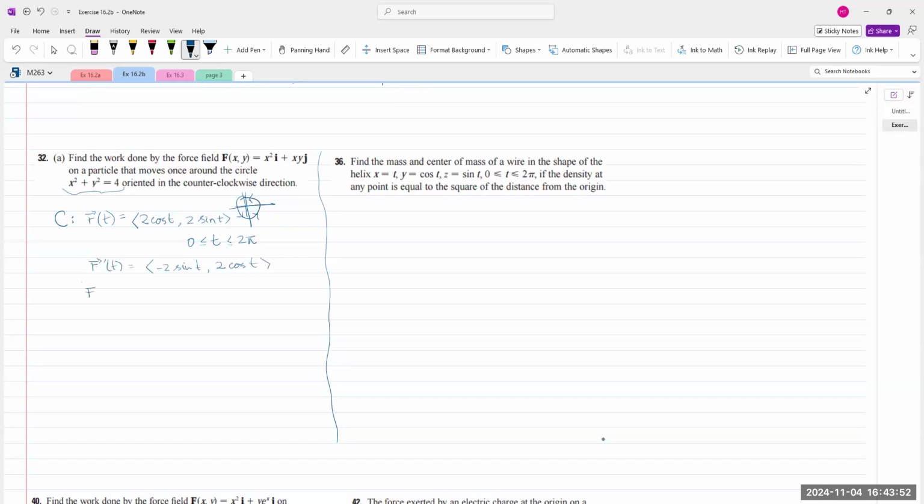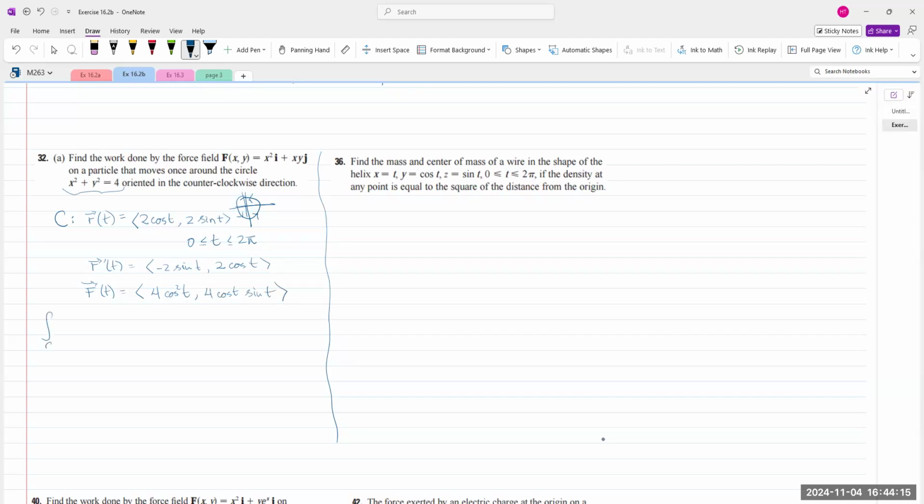The vector field as a function of t becomes x squared, 4 cosine squared t, comma, the y component is xy, so that will be 4 cosine t sine t.